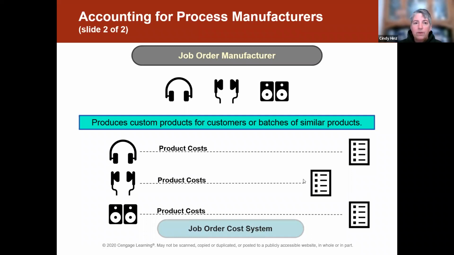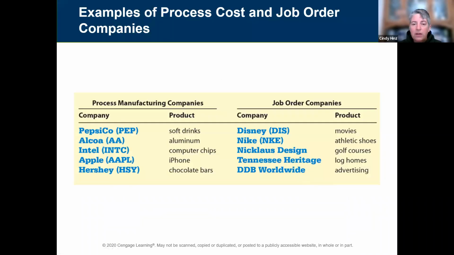Okay, so I think we've already talked about in chapter 16 examples of companies that might use job order versus process costing. You may see on that list the company that you've chosen for your project. For your project, it's not going to matter to you whether your company uses process or job order costing.